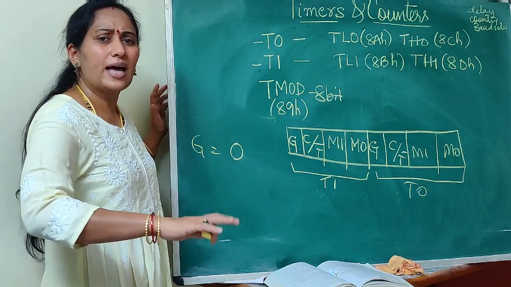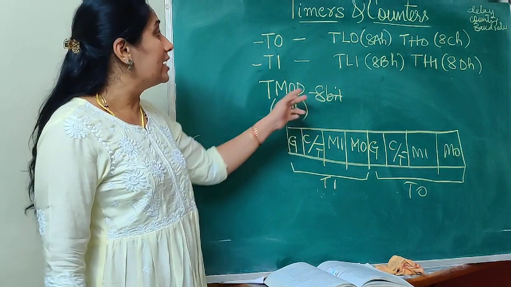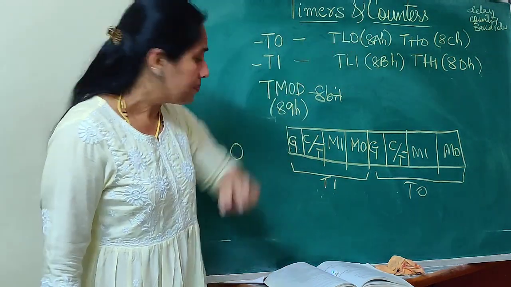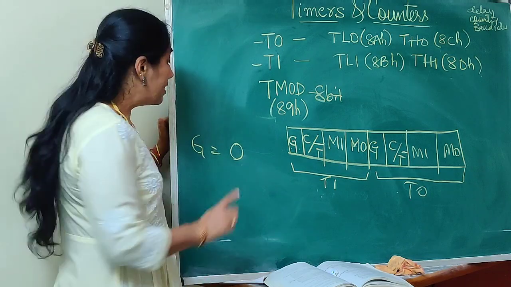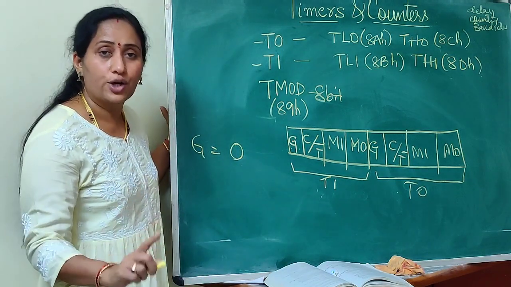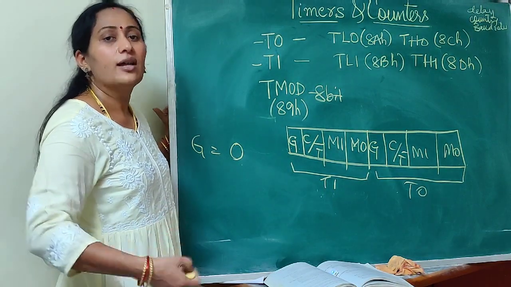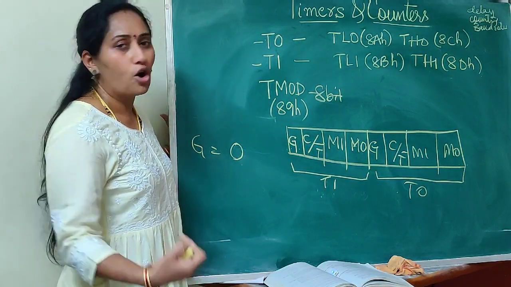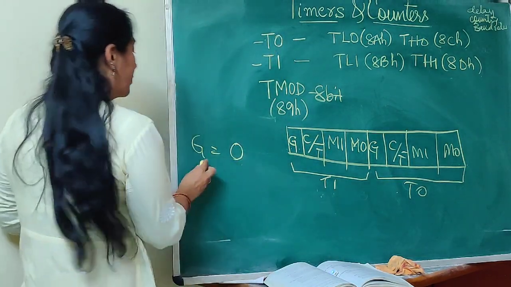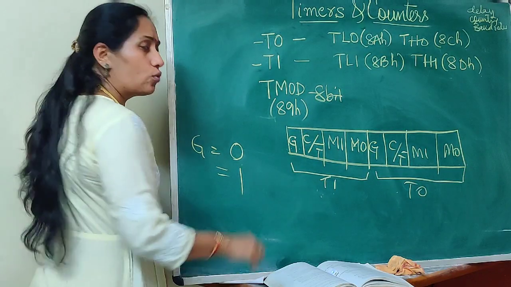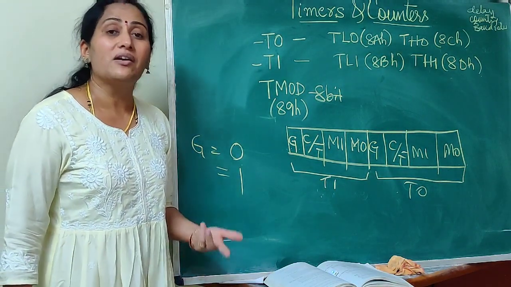Those particular run bits are going to be set or reset, and that is going to help me in starting the timer operation or the counter operation. So if the gate is equal to 0, then it is going to be the software control. That means by using the instruction, I can start the timer operation or the counter operation, or it may be the serial communication even. So if the gate is set to 1, then it is going to be the hardware control.